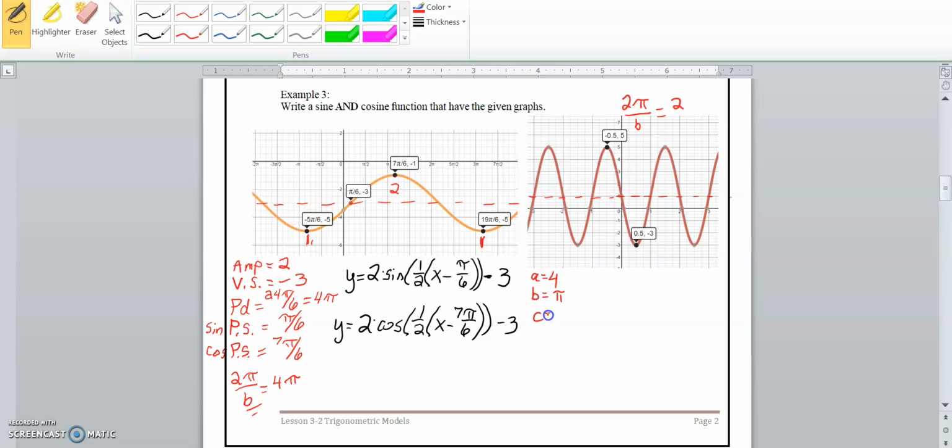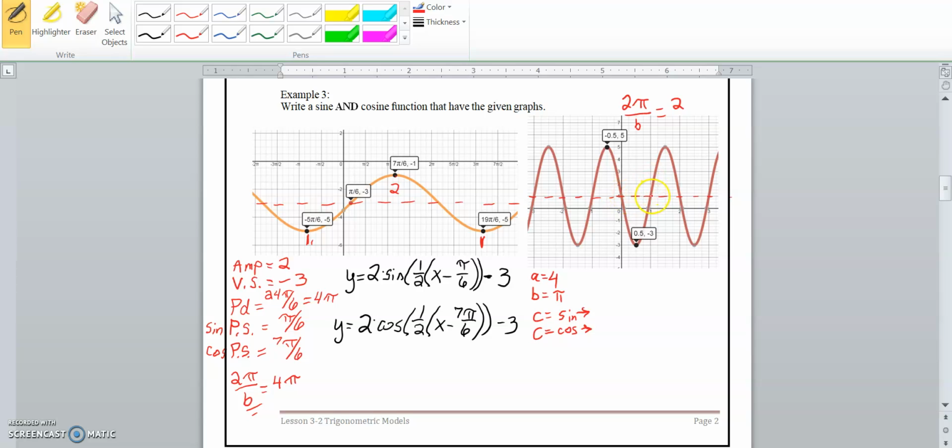C is that phase shift. In this case, if we're talking sine, versus C for cosine, the phase shift is different again.